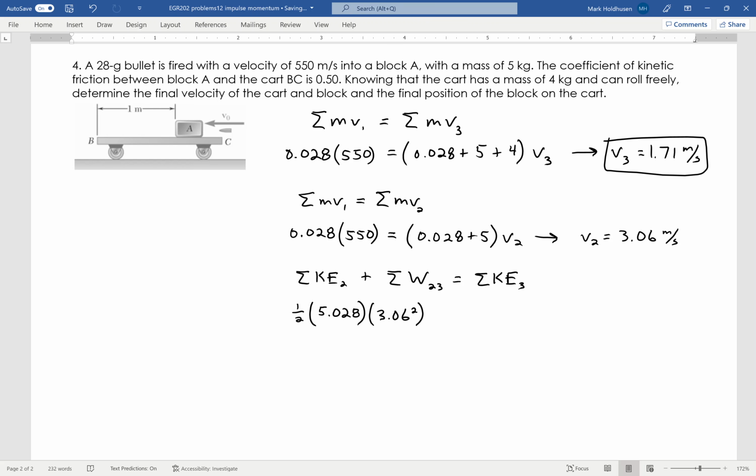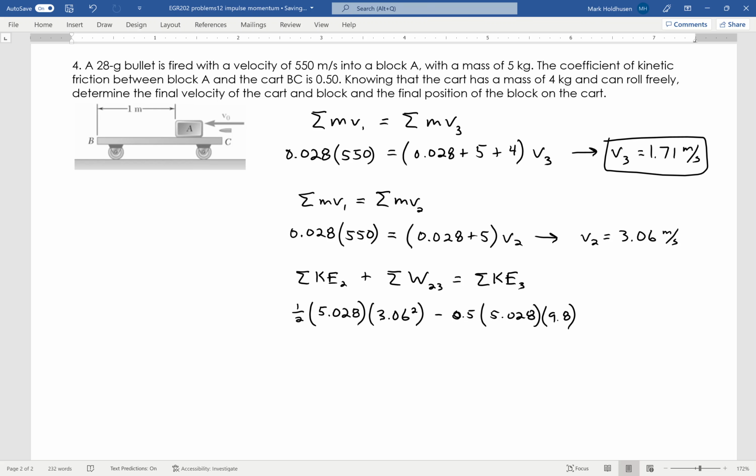Now the work done is going to be friction, the friction between the cart and the block. Friction always opposes motion, so it's always doing negative work. I know my coefficient of friction is 0.5, times the normal force, which is the 5.028 mass times gravity, the weight of the block.